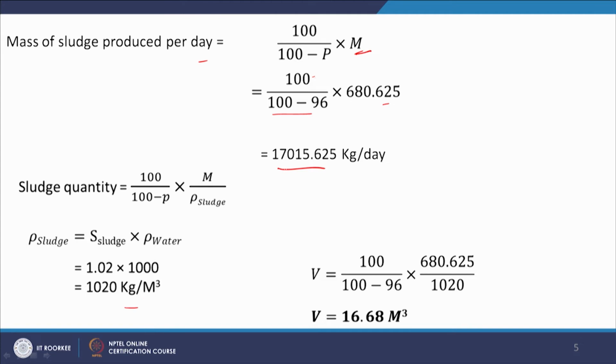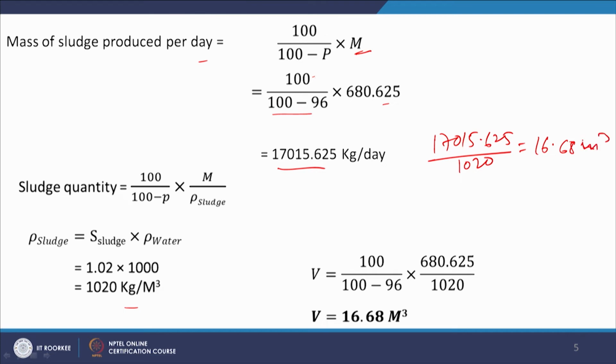So, directly we can divide 17015.625 by 1020. That will give us 16.68 meter cube. Okay.